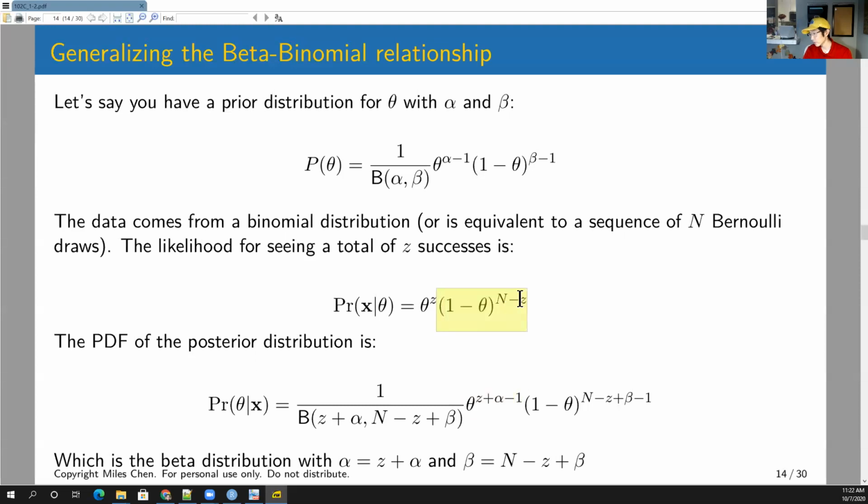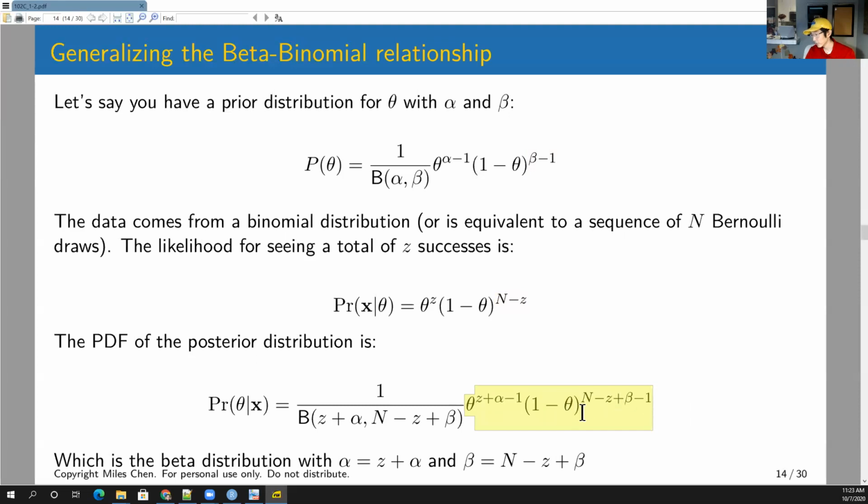And over here, this multiplied with this is going to equal 1 minus theta raised to the n minus z plus beta minus 1. This looks a little bit messy, but I'm just basically adding the exponents together. The exponent is n minus z and beta minus 1, and I'm just adding those two together. And this exponent is z, and I'm adding it as well.